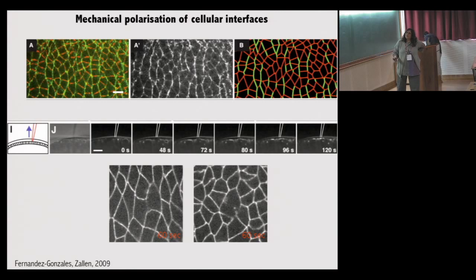So you could say that not only are the dorsoventral and anterior-posterior oriented interfaces different with respect to their protein composition, they're also different with respect to tensions at those interfaces. And other experiments indicate that you can recruit myosin simply by applying a mechanical force.